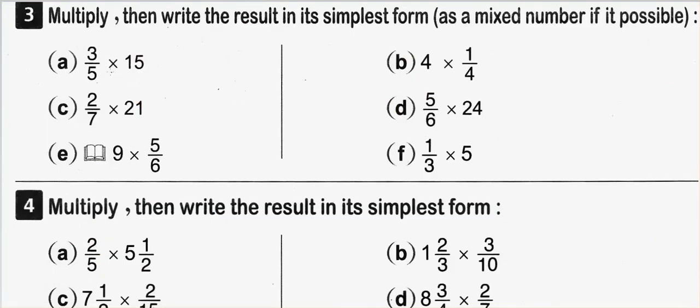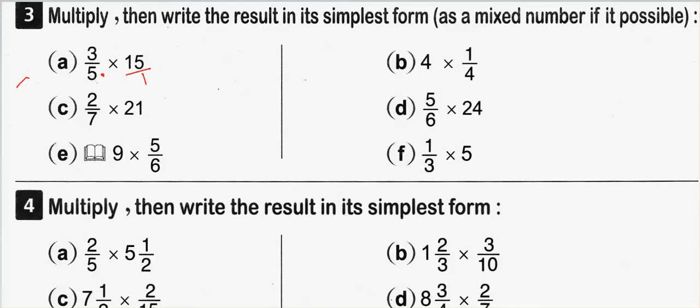Multiplying a fraction by a whole number. 3 over 5 times 15. Look at 15, we can write it as 15 over 1. 15 in the numerator, 5 in the denominator.